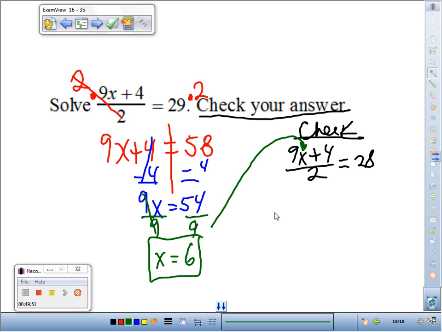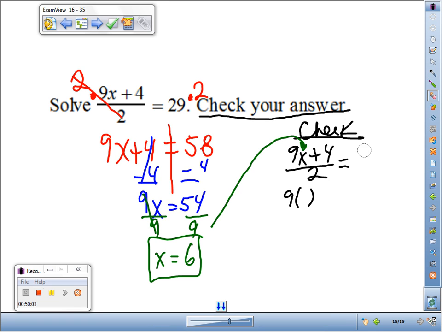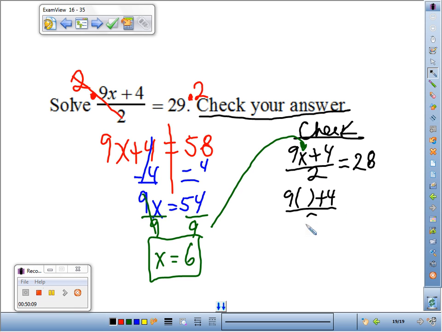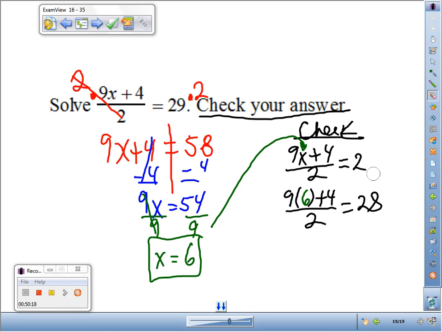So that becomes 9 open parentheses, I'm sorry? 29? Oh yeah, I did that on purpose to see if you're paying attention. Plus 4 over 2 equals 28. And that goes in here, this is 6. Oh, 29, my bad.